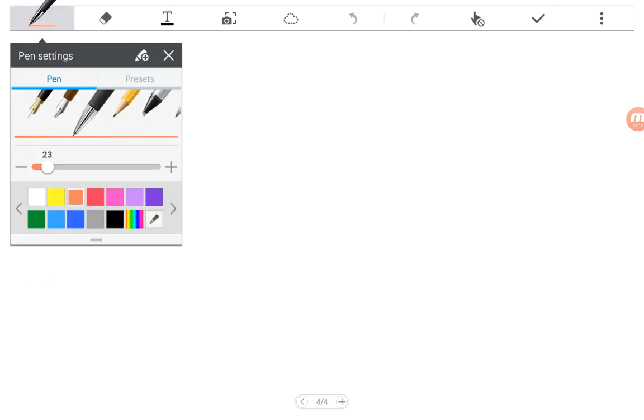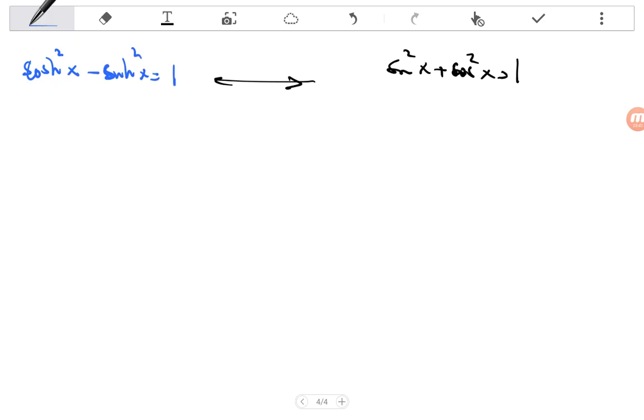We have just stated the analogous for sine squared x plus cosine squared x equal to 1. We had an analogous form for that in the hyperbolic functions, which was that cosine squared x minus sine squared x just equals 1.